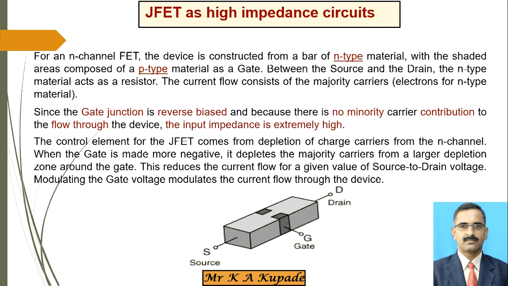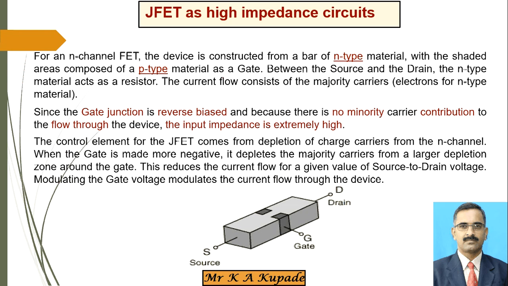Okay, now since the gate junction developed by the diffusing or alloy technique is always reverse biased, because of this there is no minority carrier conduction flowing through this particular device.